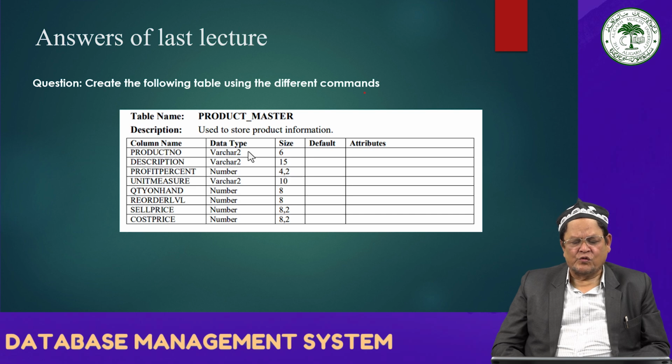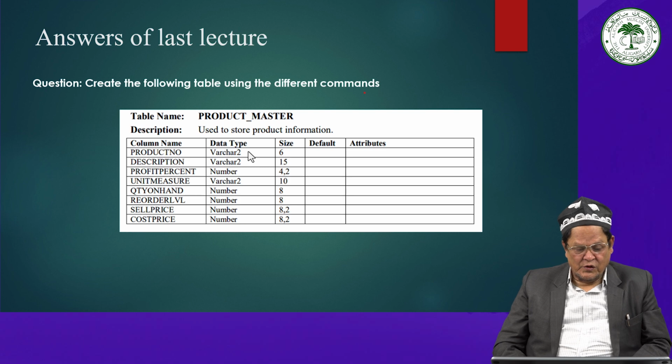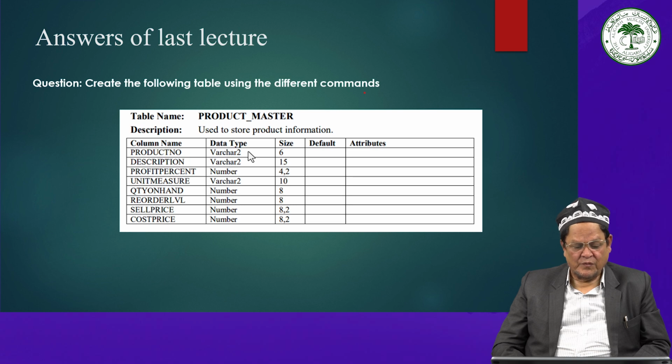The description was used to store product information. The column names were product number, description, profit percentage, unit measure, quantity on hand, reorder level, sell price and cost price.